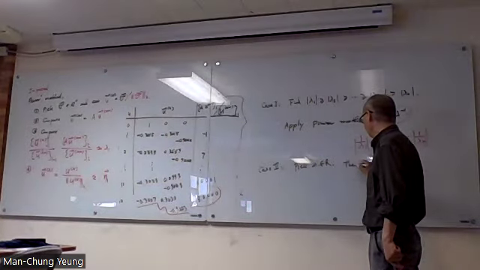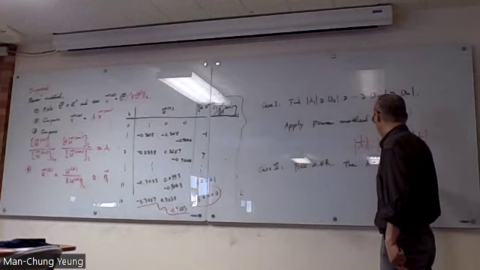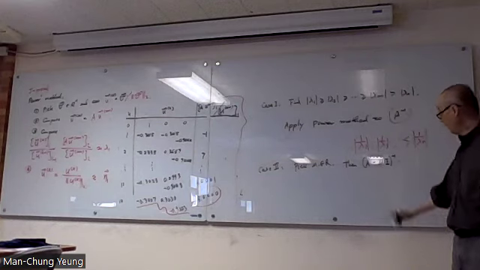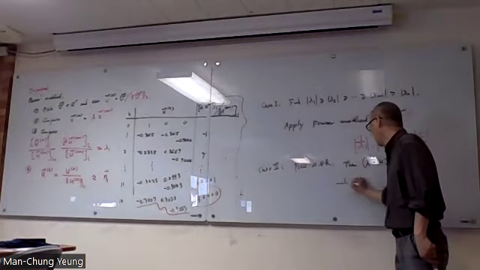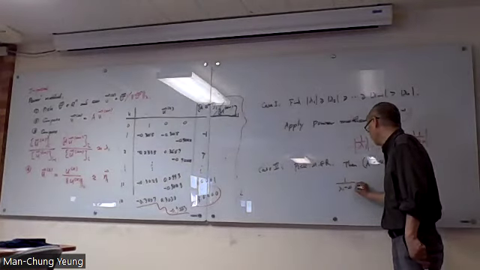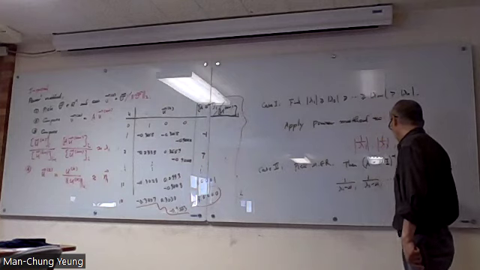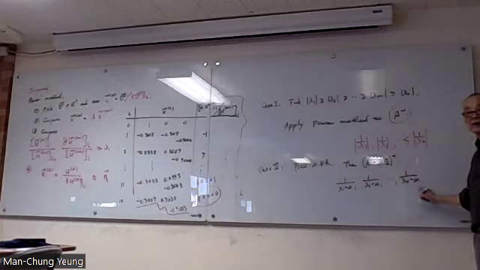Then consider the matrix (A minus mu I) inverse. The eigenvalues of this matrix are 1 over lambda 1 minus mu, 1 over lambda 2 minus mu, ..., 1 over lambda n minus mu.